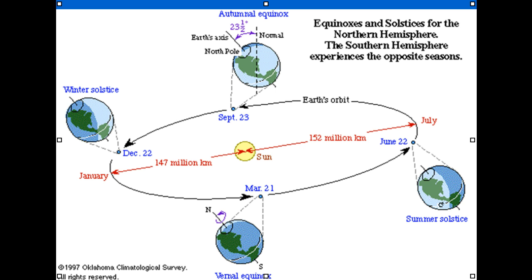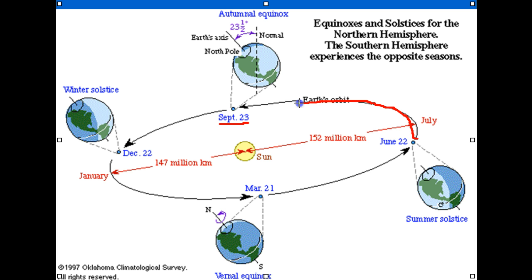Okay, now on to fall, which starts on September 23rd, also called autumn, by the way. So here's September 23rd. Our sun has now cruised around in its orbit and begins to get less and less direct.